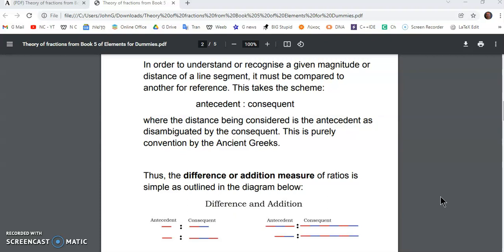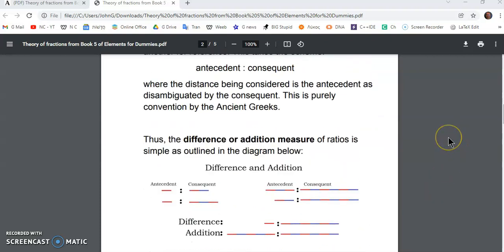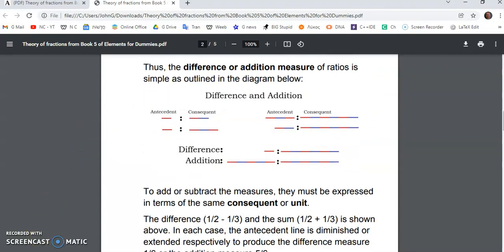Now, this ratio takes a scheme of antecedent to consequent, where the distance being considered is the antecedent. So we always talk about the antecedent. This is purely convention by the ancient Greeks.